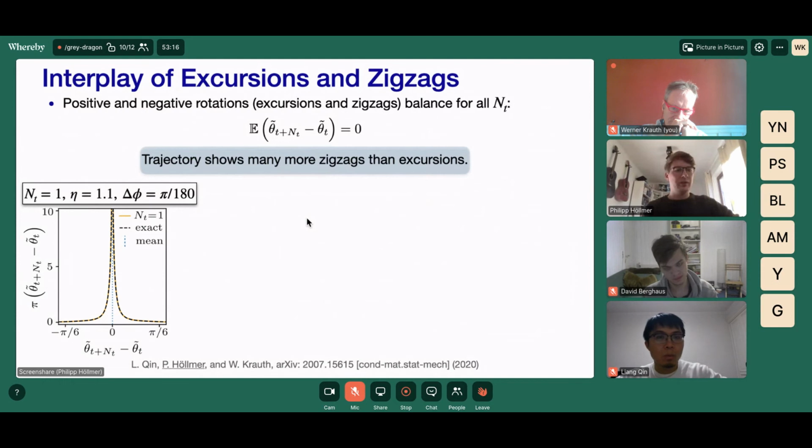The single time step is very easy to even compute analytically, because you just have to integrate over all possible lambda values, and then for each lambda value you can compute the distribution of the dipole angle change. We can also simulate this curve by just starting a lot of our simulations with exactly one time step that start from all possible initial configurations.